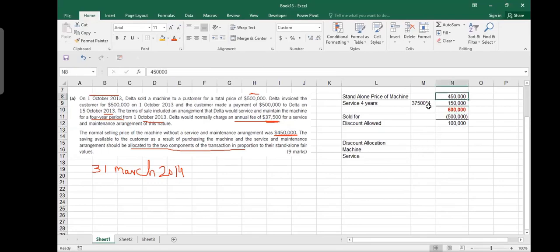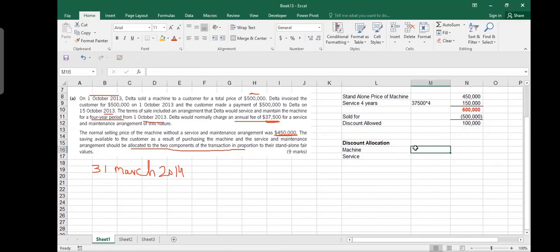So your formula should look like this: for machine, it should be 450 divided by 600. I'm just eliminating 3 zeros. In fact, I can also do 45 divided by 60. It will give the same answer.